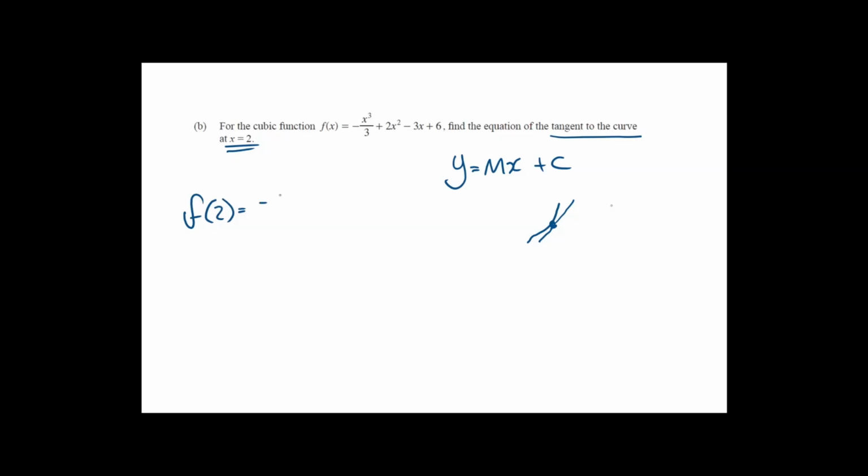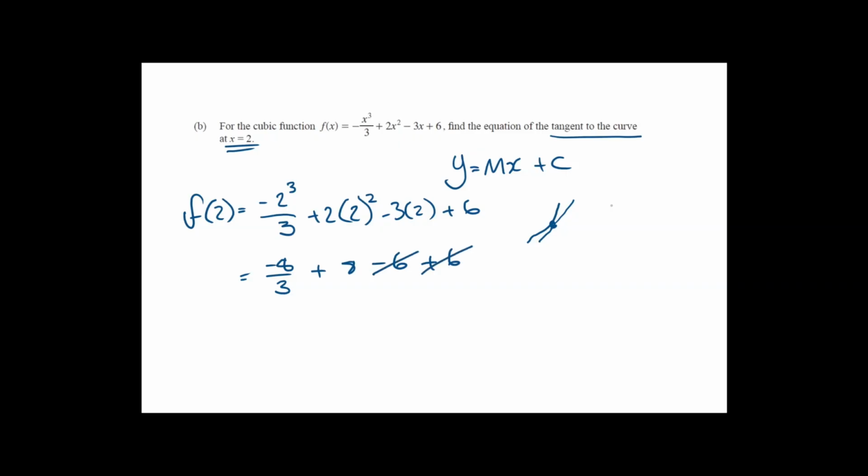So it's going to be minus 2 cubed over 3 plus 2 times 2 squared minus 3 times 2 plus 6. So this is going to be, 2 cubed is 8, so minus 8 over 3 plus 8 minus 6 plus 6.